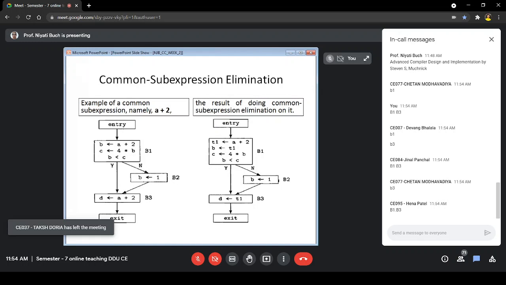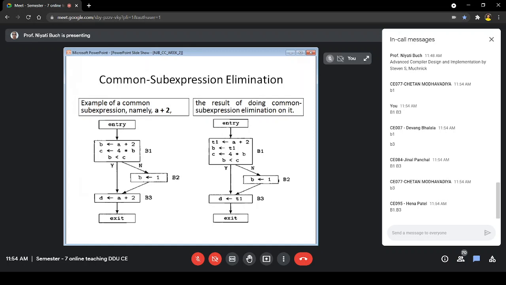So what we are seeing on the left is the flow graph. We have already made the flow graph, and now we want to apply the technique. Looking at the code, you can see that a plus 2 is occurring twice. Now, 2 is a constant, a literal, so naturally it is not going to change.